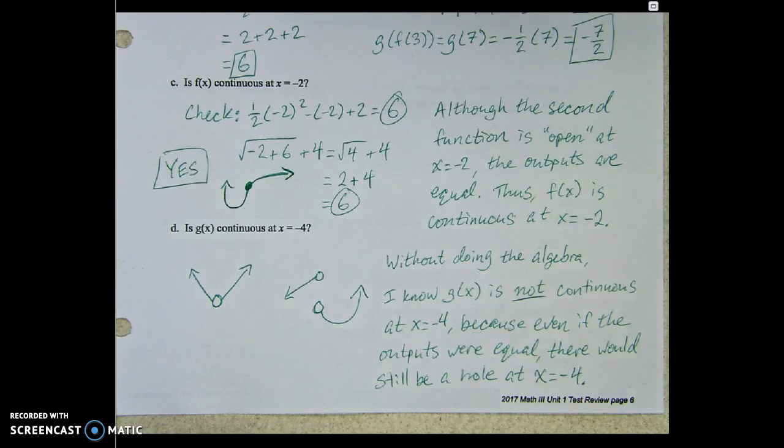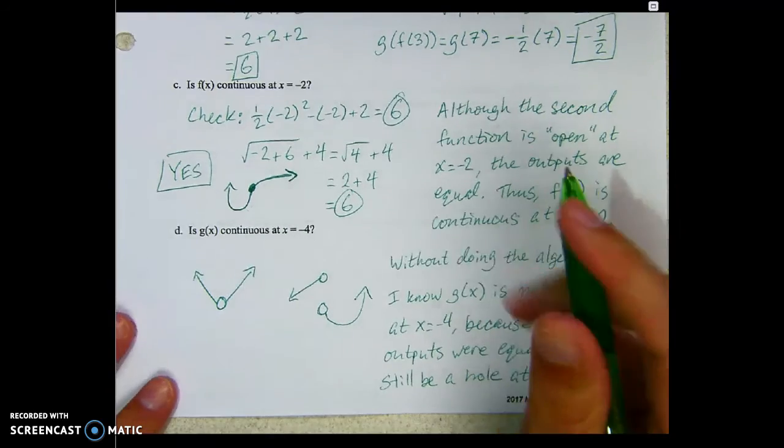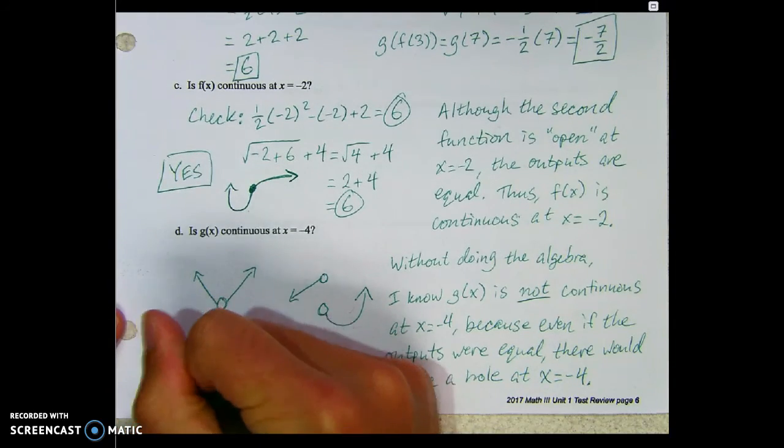Right? So g of x is not continuous at x equals -4, so the answer here would be no.